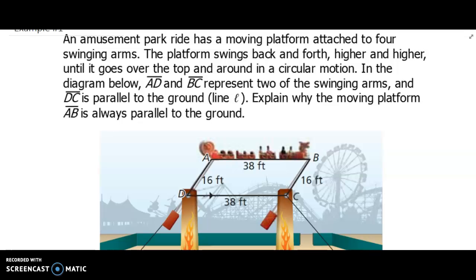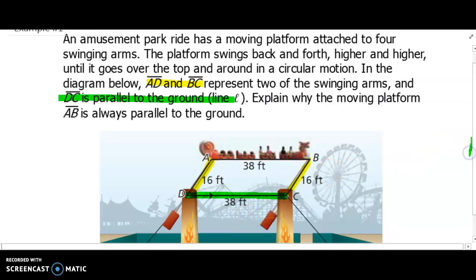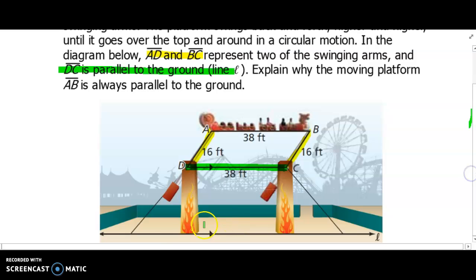In the diagram below, AD and BC represent 2 of the swinging arms, and DC is parallel to the ground. Explain why the moving platform AB is always parallel to the ground.